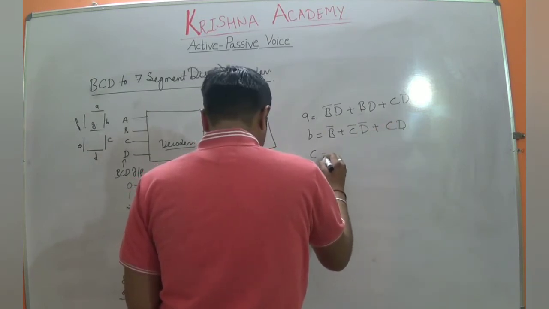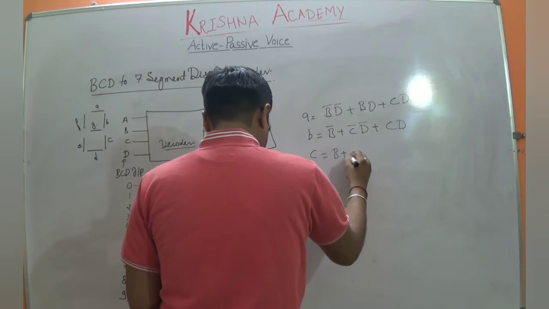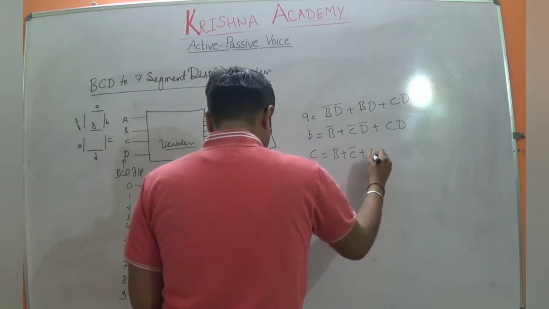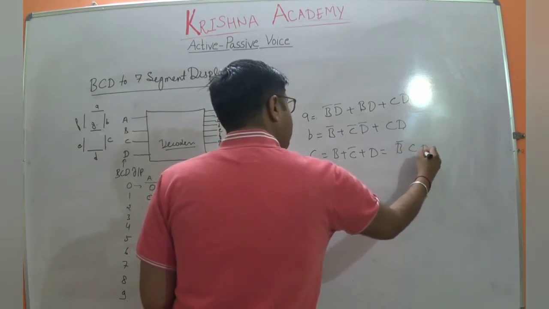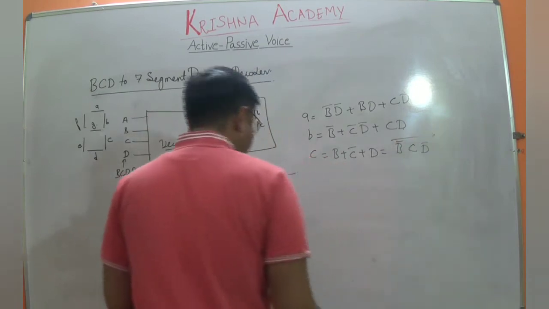C will come as B plus C bar plus D, and that is (B bar C D bar) whole bar.